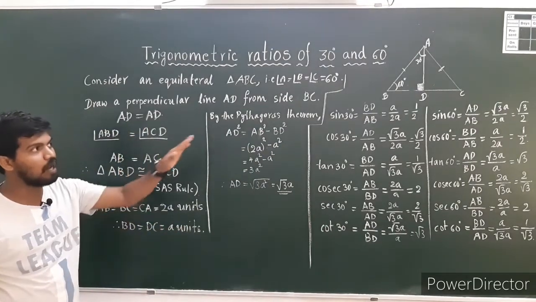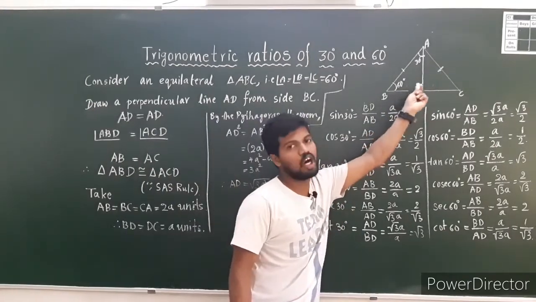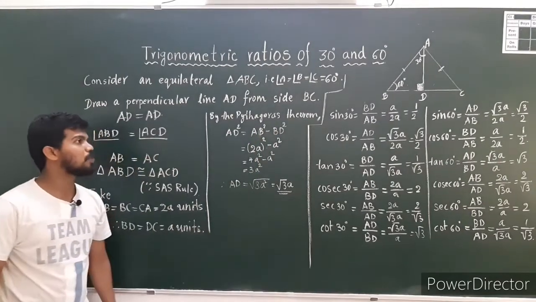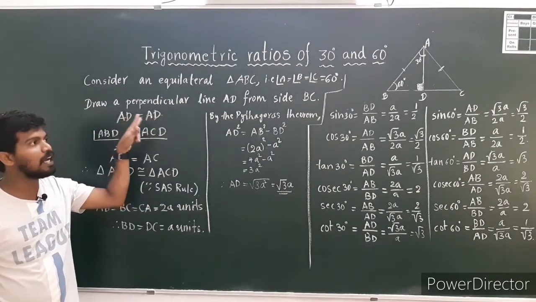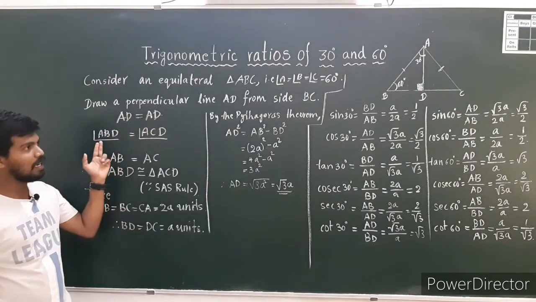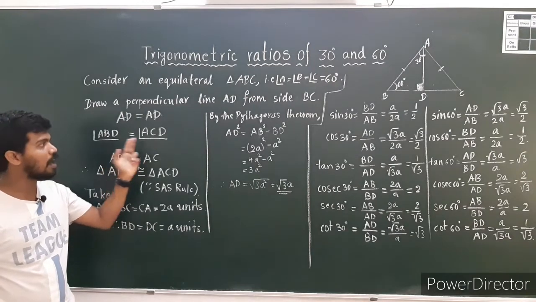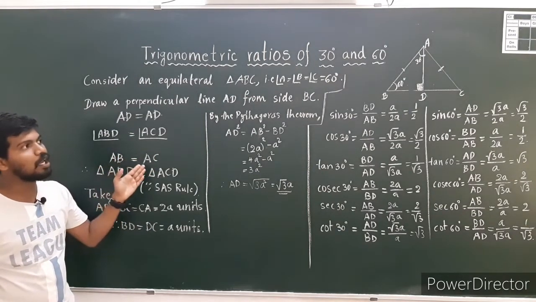So that means first you have to prove that both the triangles are congruent to each other. So we have to prove that. AD equal to AD is a common side. And angle ABD equal to angle ACD. So in an equilateral triangle both the angles are 60 degree, and finally AB equal to AC.